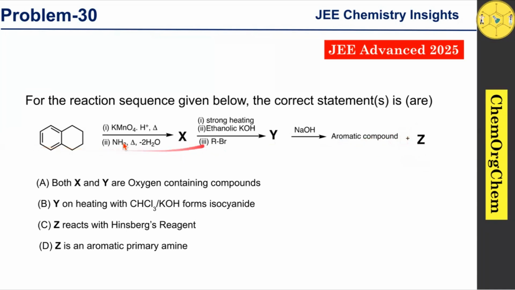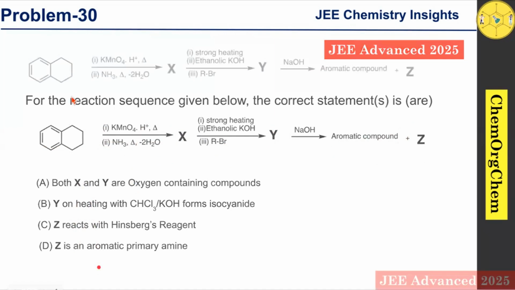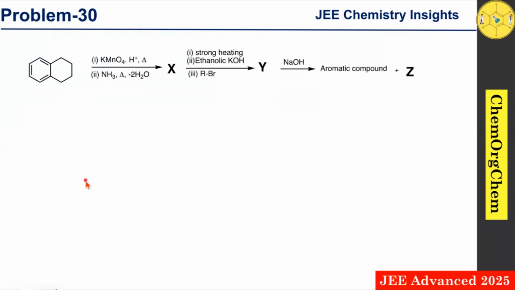So first let's figure out the product structures of X, Y and Z. Then let's see the statements one by one. So this is our question. In the first step of the reaction, this substrate reacts with potassium permanganate.